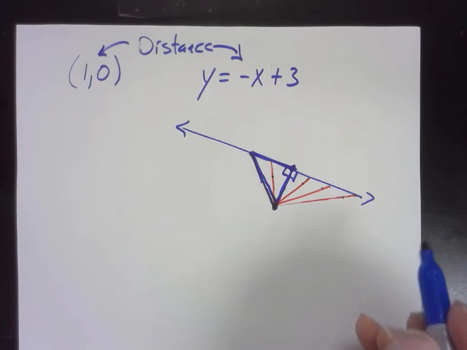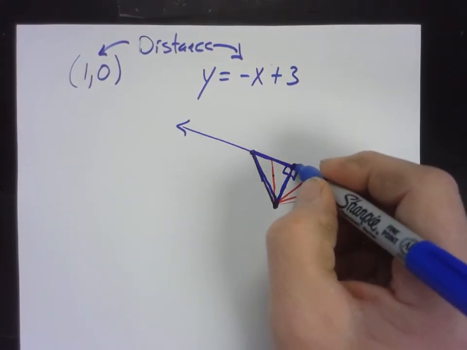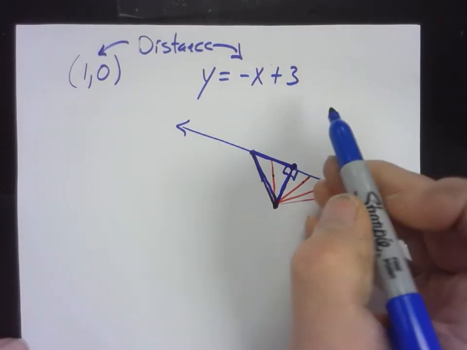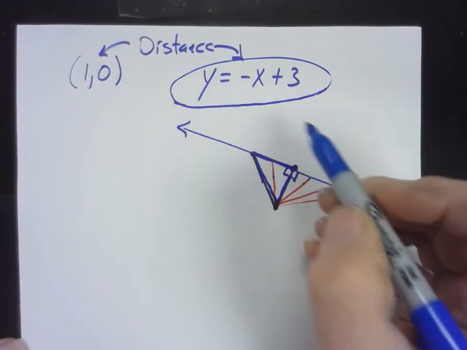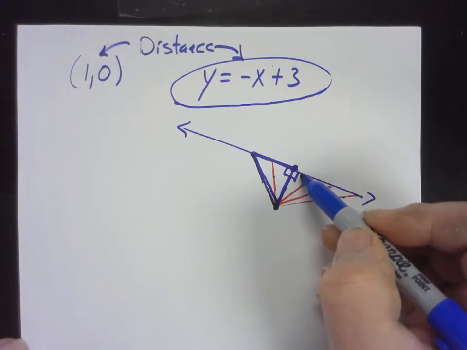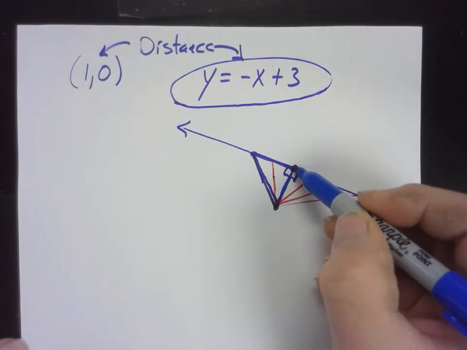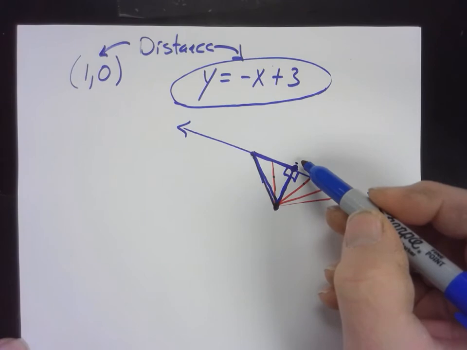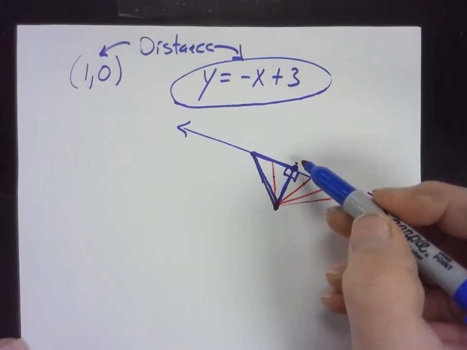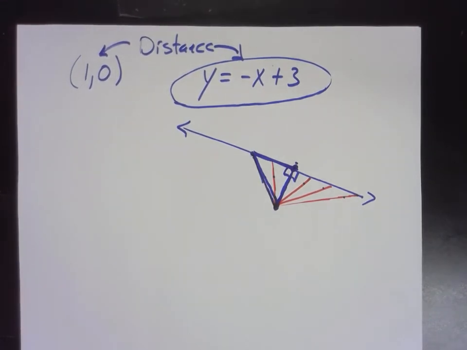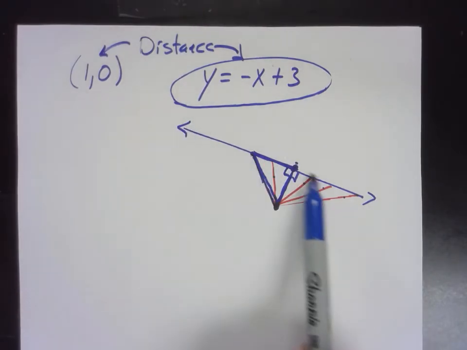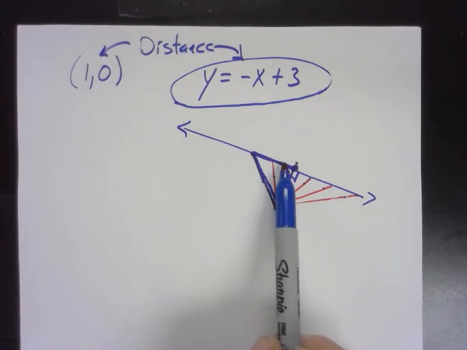So we need to find that point right there. Somewhere along this line, we need to find that point that gives us this perpendicular segment. And then we can use the distance formula to find the distance between our 2 points. Okay? So how are we going to do that? Well, I have the equation of this line, this down 1 over 1 kind of line here.